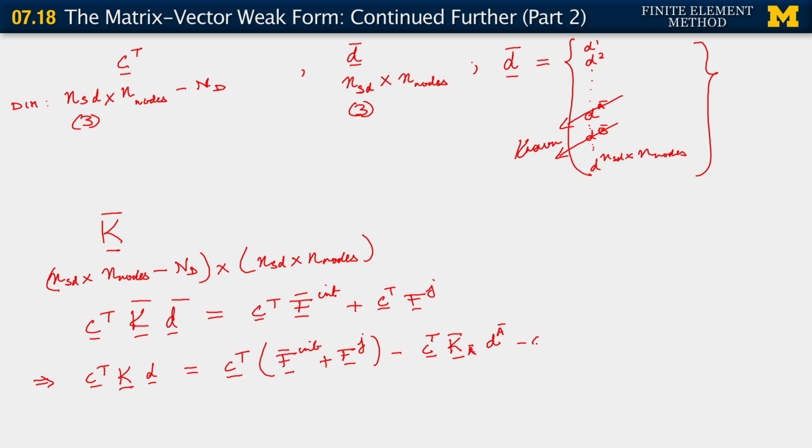Likewise, you will also have C transpose times the K bar B bar column times the scalar degree of freedom dB bar. Let me specify that this as well as that are A bar and B bar columns of the full K bar matrix.